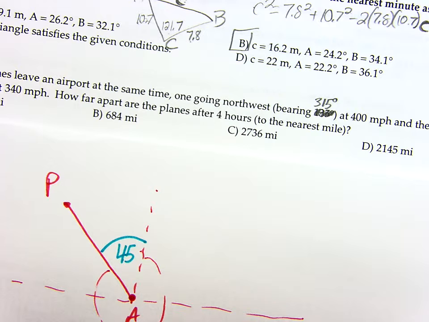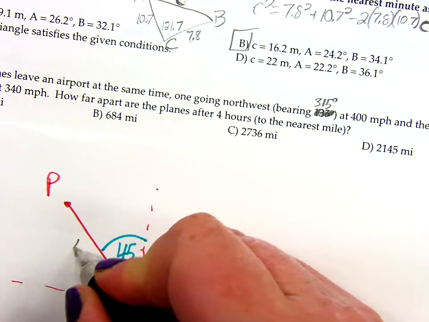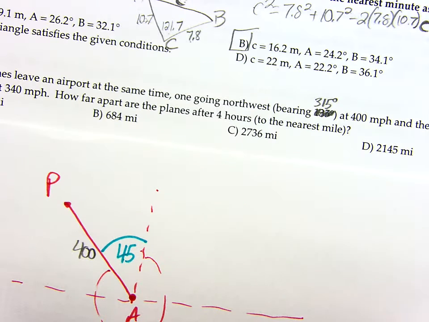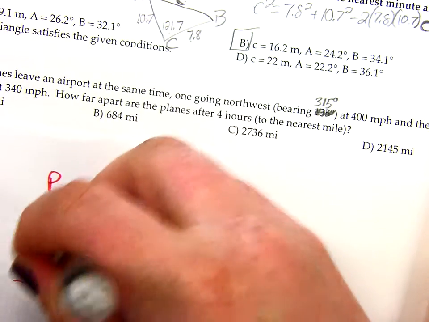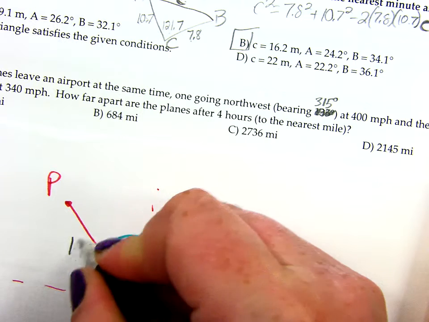One going northwest, 315, at 400 miles per hour. The other is going east at 340. After 4 hours, the length of this is 1600.